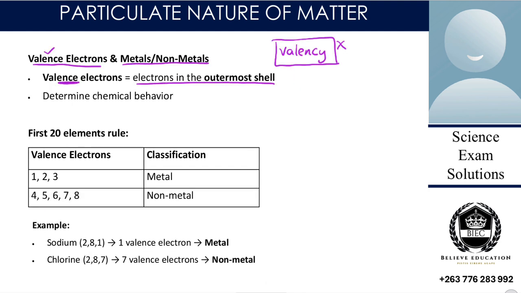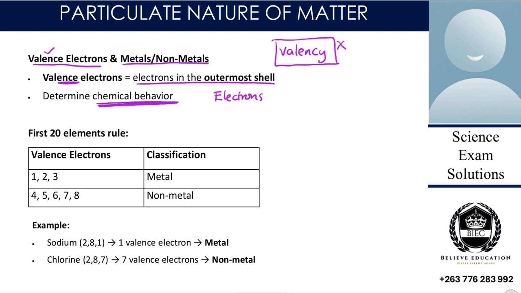Then to determine this valence, it helps us determine what? The chemical behavior. The chemical behavior of an atom, we are trying to describe how it reacts. And how it reacts is fundamentally based on the behavior of electrons.